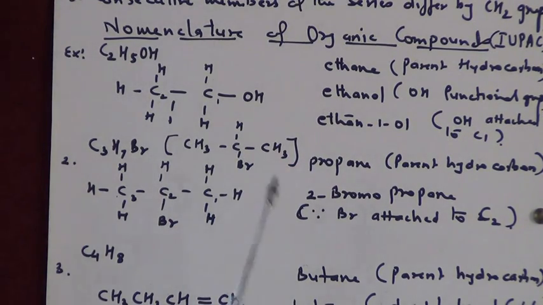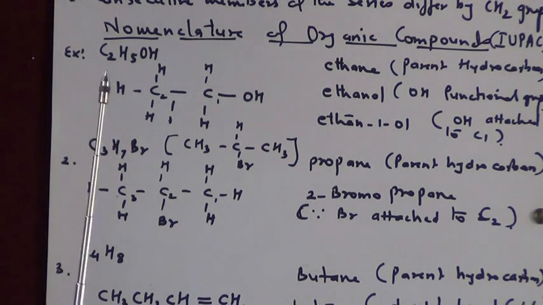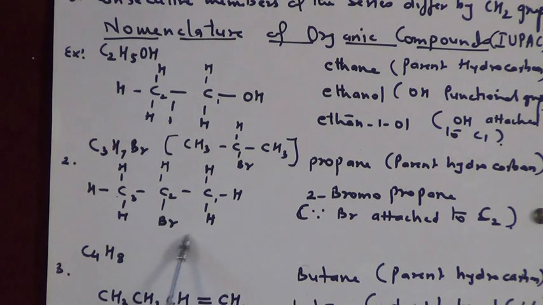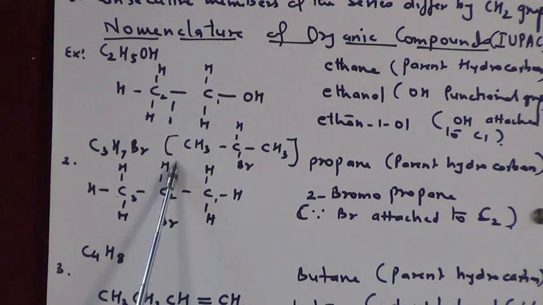Now identify the functional group here. The functional group may also be halogens. Bromine is one of the halogens. Hence Br is the functional group here, and it is attached to the second carbon atom. Hence it gets the name 2-bromopropane, because bromine is attached to the second carbon atom here.